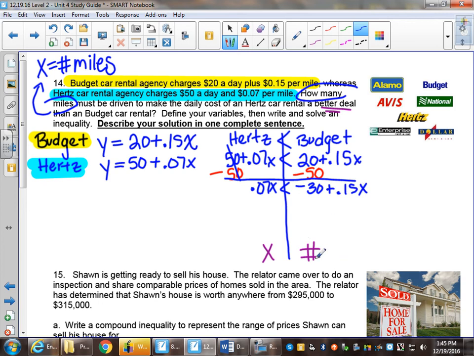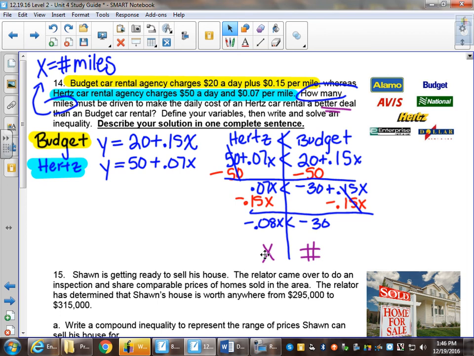Now on this side, we just want numbers. So this negative 30 is fine, but this positive 0.15x, that cannot stay. We'll subtract it from both sides. 0.07x minus 0.15x gets us a negative 0.08x less than negative 30.